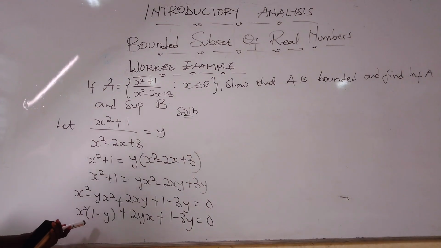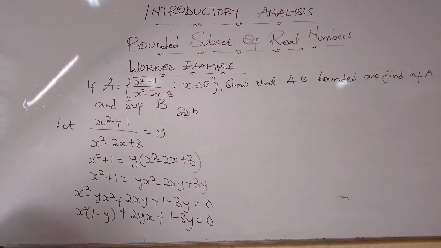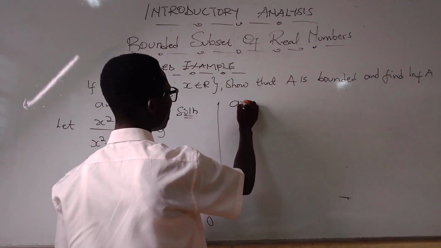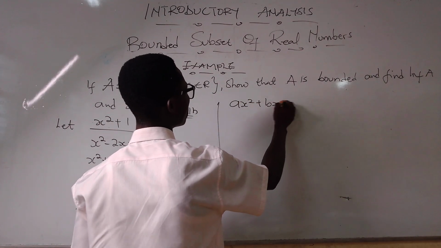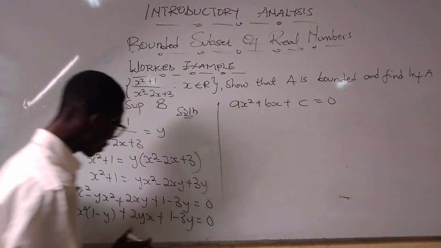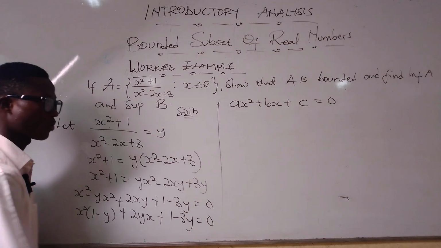So what do you do? For us to solve this one, we need to compare it to the general quadratic equation, which is ax squared plus bx plus c equals 0.